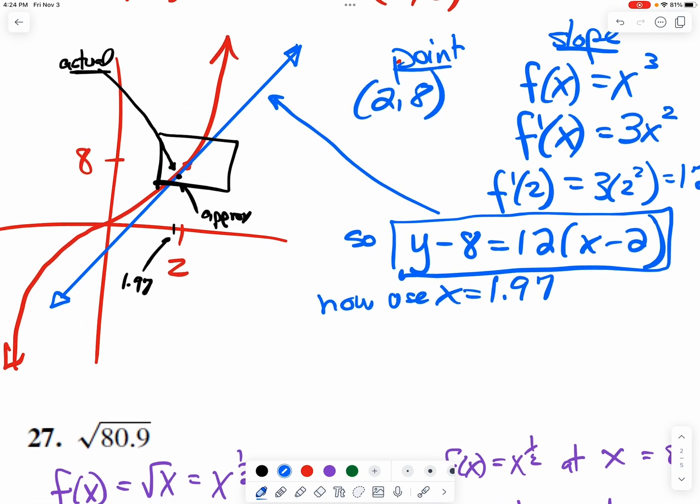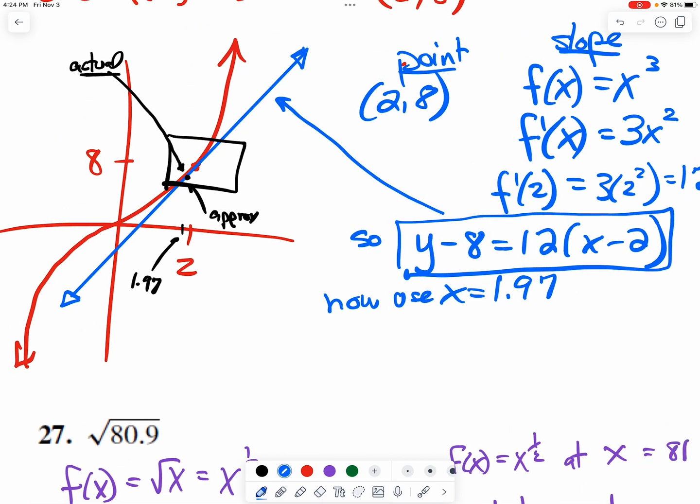Now remember, this is an approximation. It's not going to be the exact value, but calculus has helped us find the equation of that line, and in a local sense, within that space, we're going to find out what the approximate value is. When we put in 1.97, we get y minus 8 equals 12 times 1.97 minus 2.